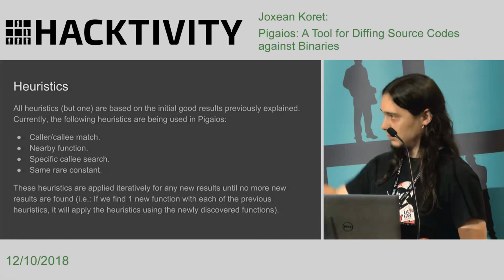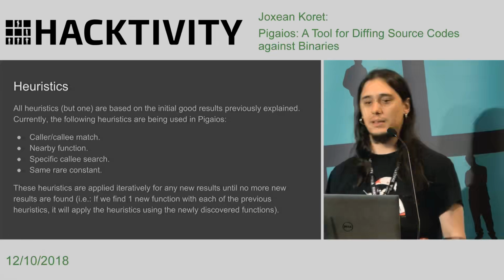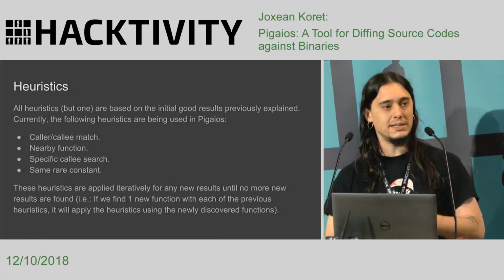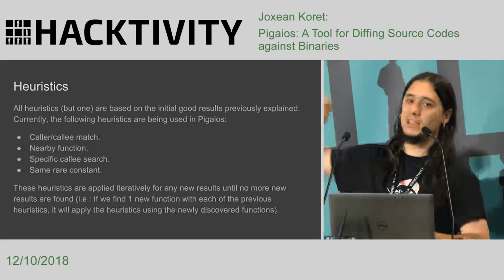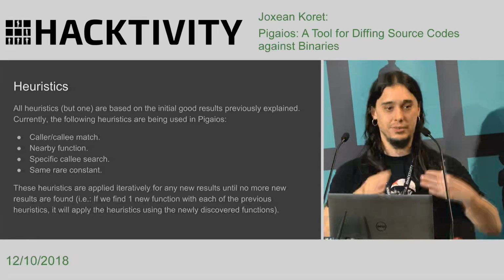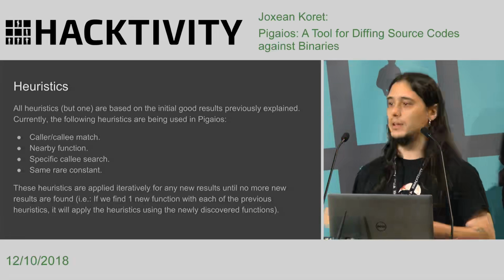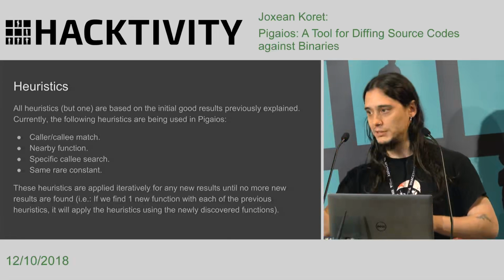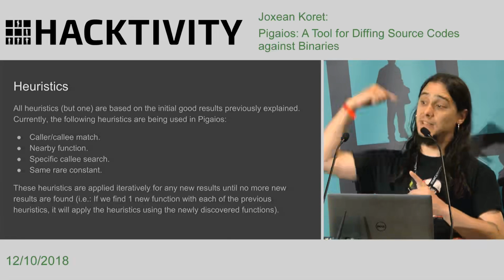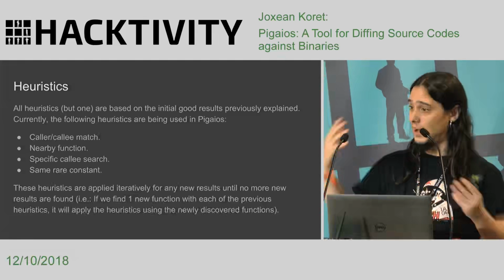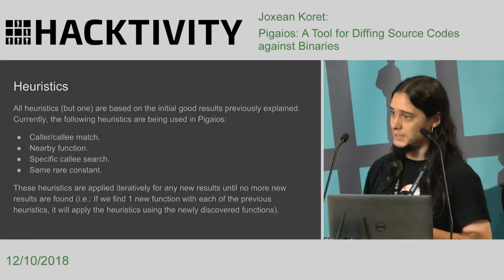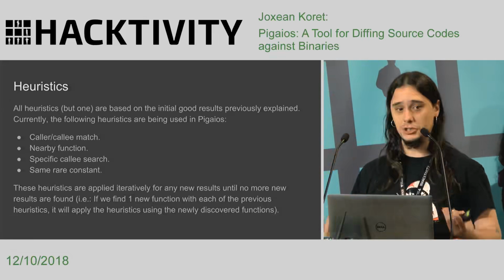The heuristics are applied iteratively. What I mean by that is, let's say that I have, like in the previous example, 90 functions that I found first. Then I apply the heuristics, and I have 5 more functions, 95. Then for these new 5 functions that I found, I apply the same heuristics until no more new results appear.